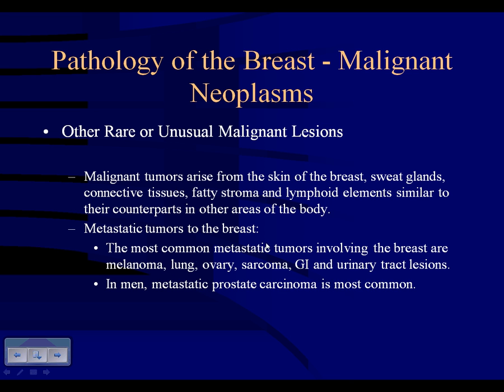The most common metastatic tumors involving the breast are melanoma, lung, ovary, sarcoma, GI, and urinary tract lesions. But melanoma, lung, and ovary are probably the most common. In men, metastatic prostate cancer, not uncommon, can occur to the nipple. And so that's the most common cancer that will involve a man's breast tissue.